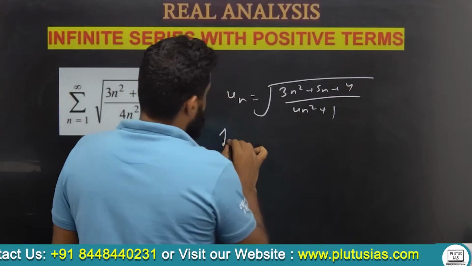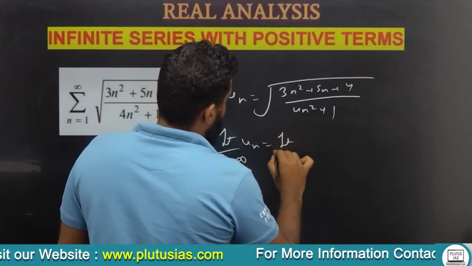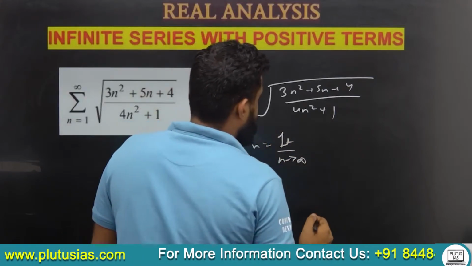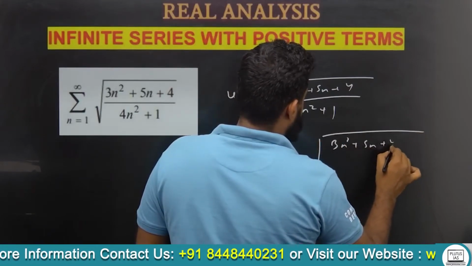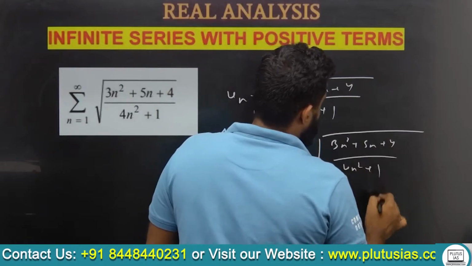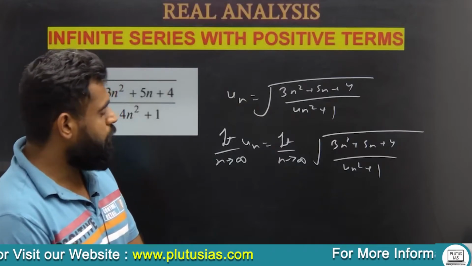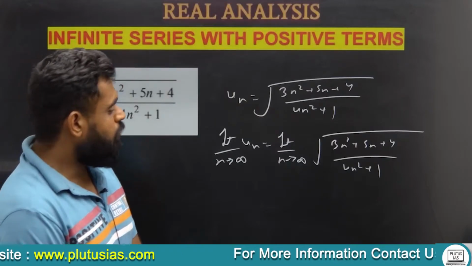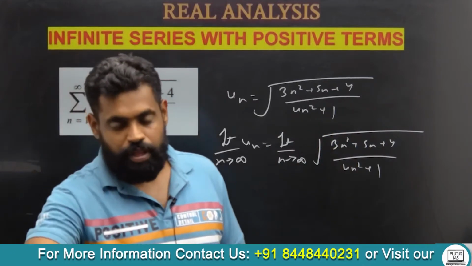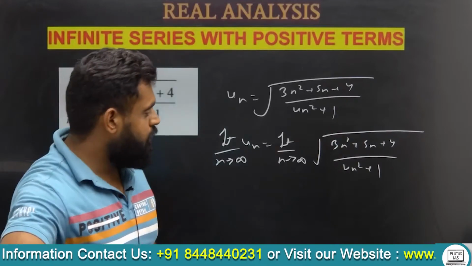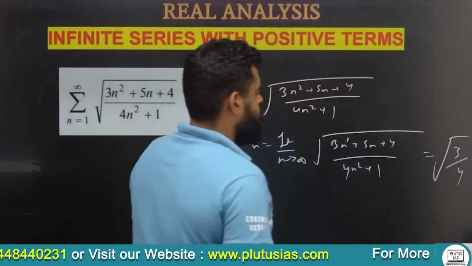So if we take limit n tends to infinity un, clearly in the case of limits, we have to study this in intermediate level, that if the coefficients of numerator and denominator are the same, then the value of the limit is the ratio of these two, that is it would be equal to 3/4.